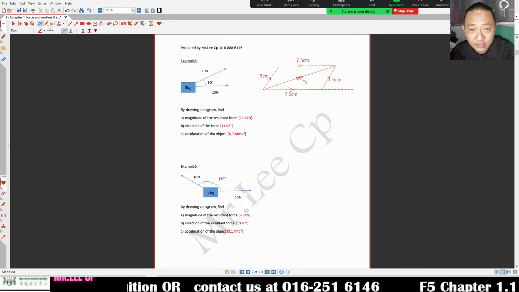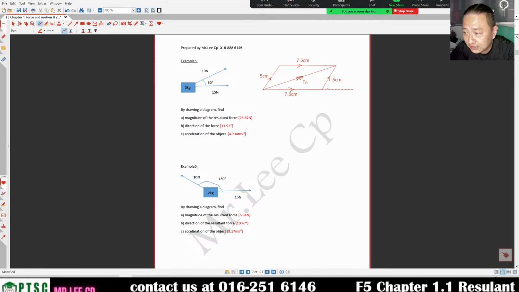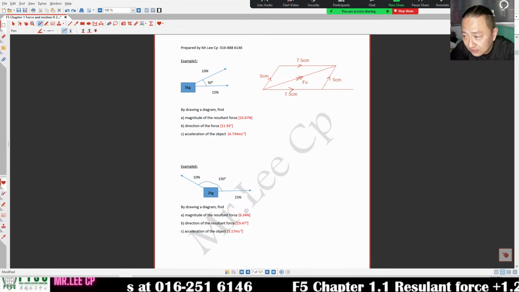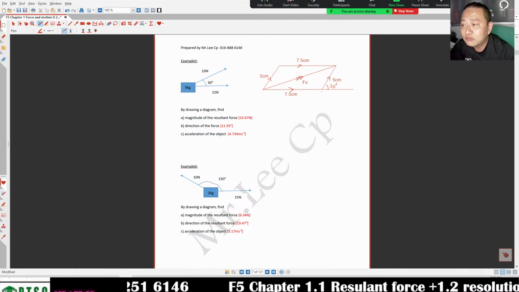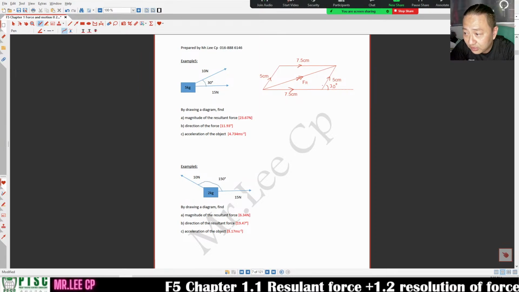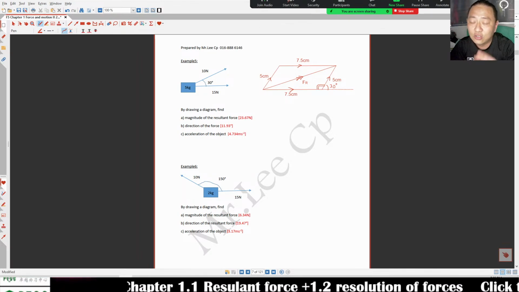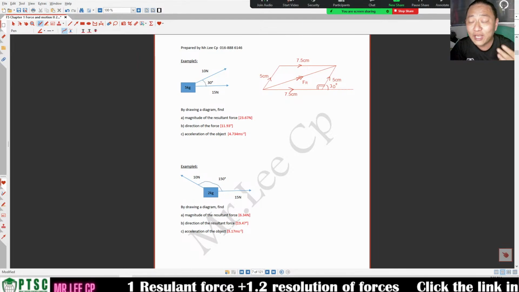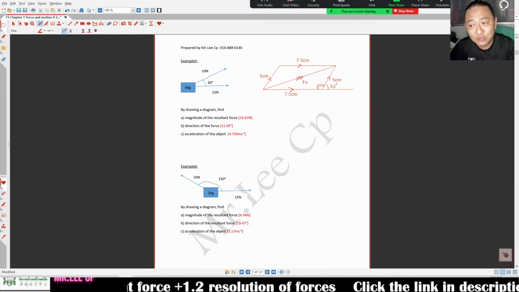And here we need to draw one more thing. We need to know this angle is 30 degrees, right? After we know it, you know this angle will be equal to this angle, right? Because I'm not drawing right now, when I am not drawing, I want to use calculation.